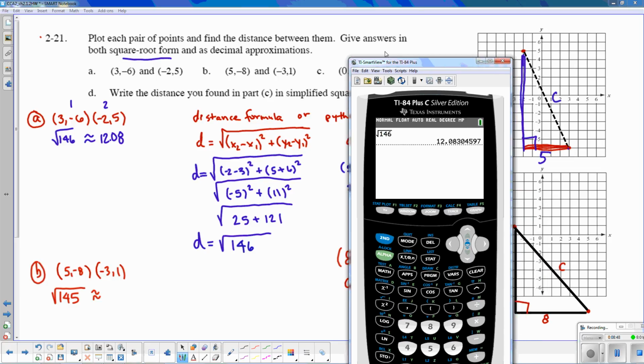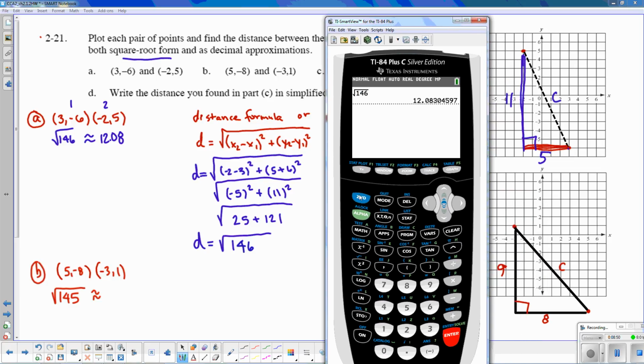Let's just go ahead and do it on the calculator to save time. Second square root, 145. Enter. You get about 12.04.